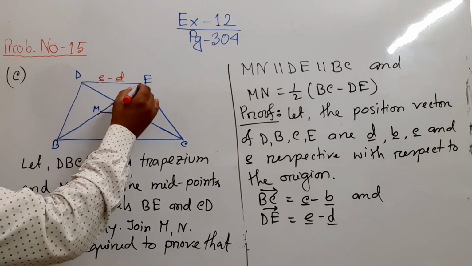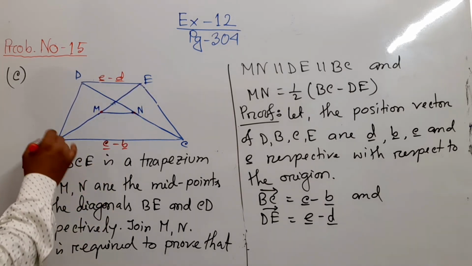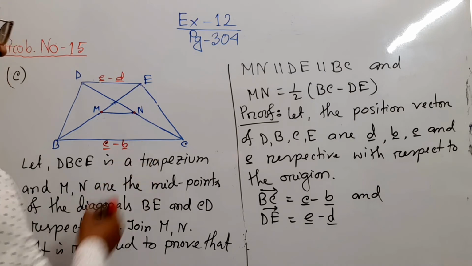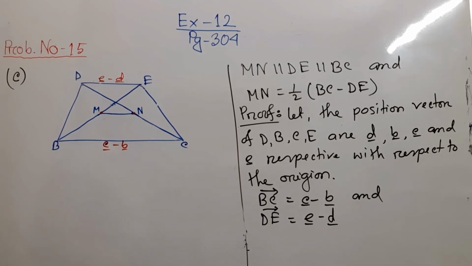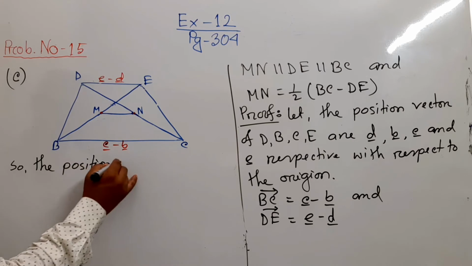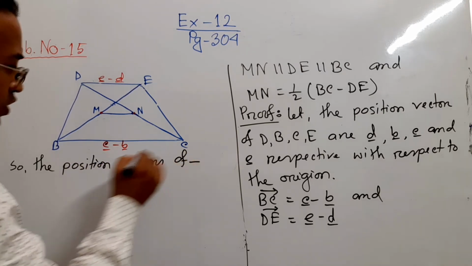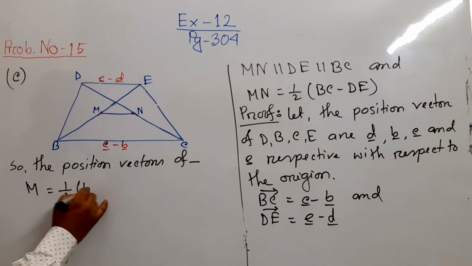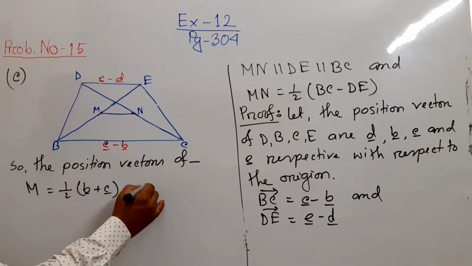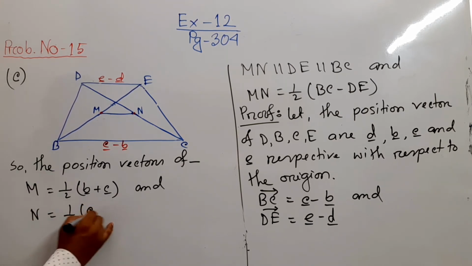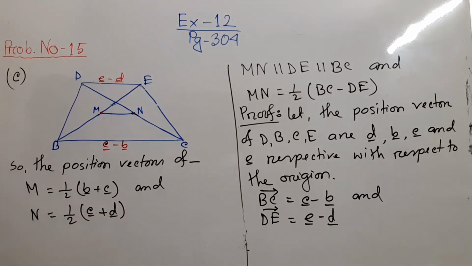M is the midpoint of BE, so the position vector of M will be half of b plus e, and N is the midpoint of CD, so the position vector of N will be half into c plus d.